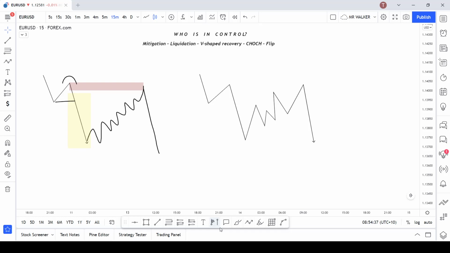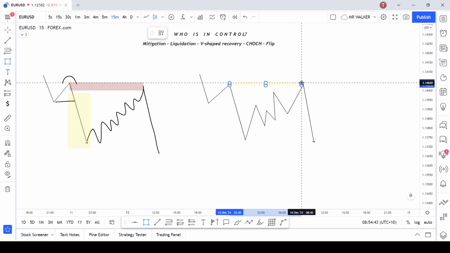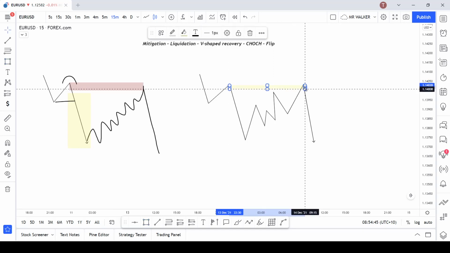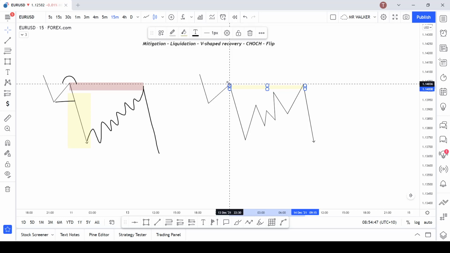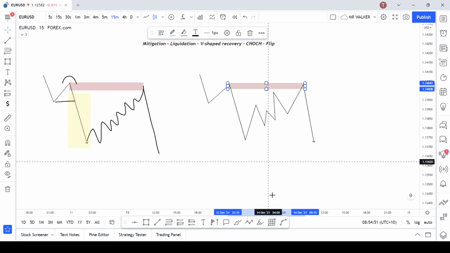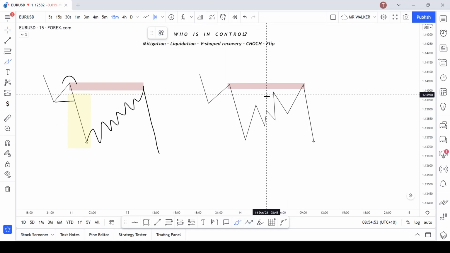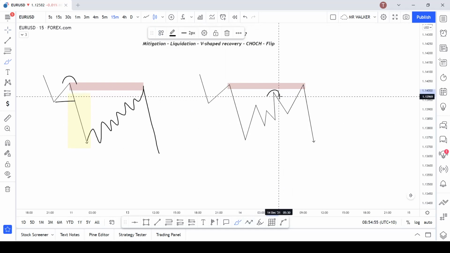Okay, so this is the same example but with structural liquidity. So this is our supply, and this high is our structural liquidity, or inducement, you can call it whatever you want.